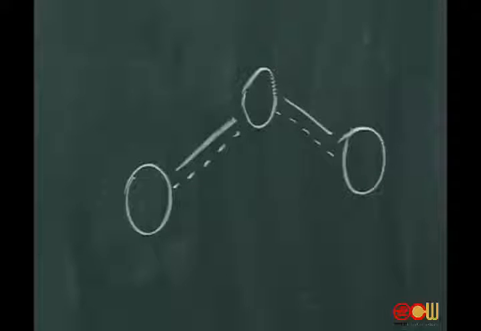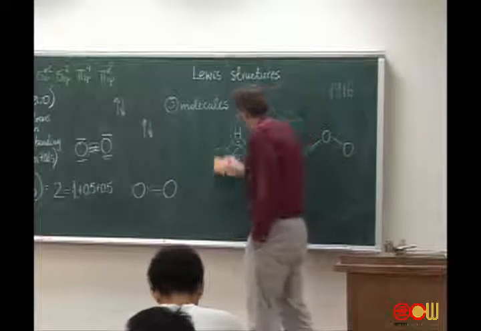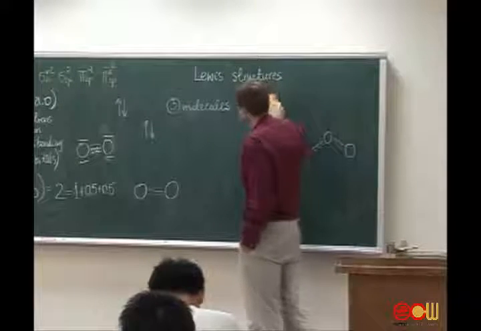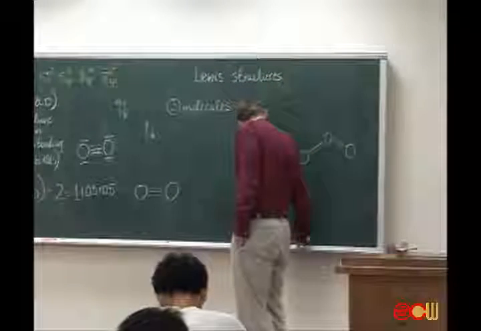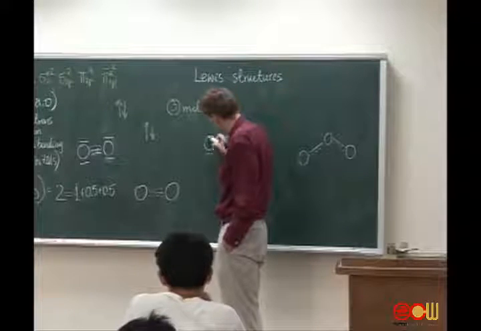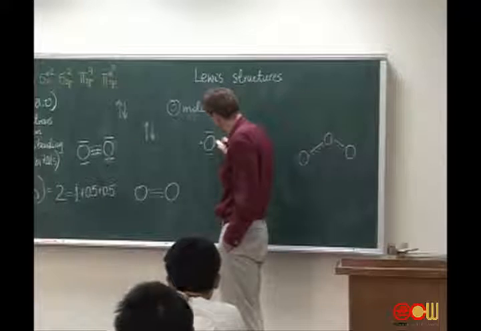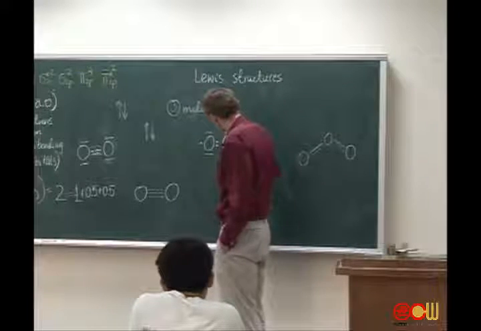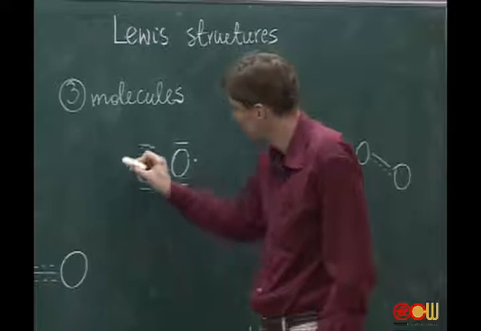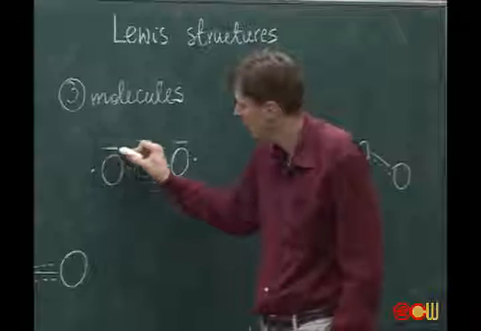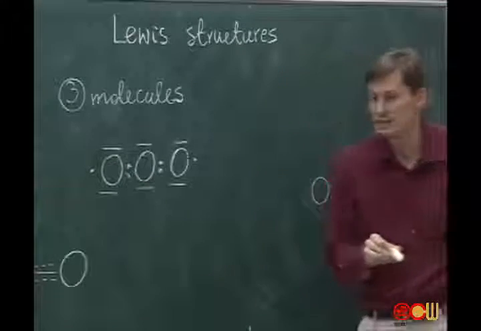If you try to write a Lewis structure for the ozone molecule, then you start, of course, with 2 lone pairs on a single atom. You put the other oxygen on the side. You have a single unpaired electron. You have a single unpaired electron. You get something like this.